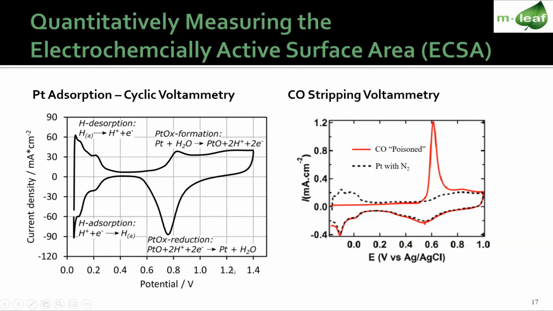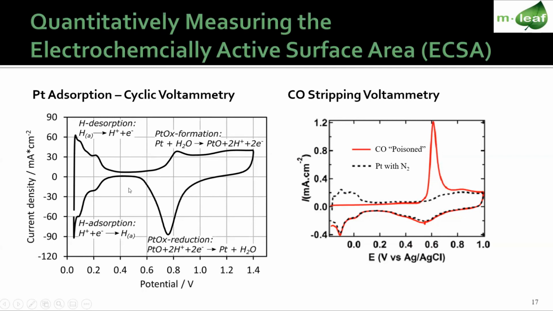Another thing you could do is to first take a voltammogram of platinum, let's say, with nitrogen around, right? So you still have just the hydrogen and oxygen peaks and the double layer here. Then you expose the system to carbon monoxide, which poisons the surface, but you then oxidize carbon monoxide by scanning the potential forward of its redox potential. And you'll get a huge peak when CO comes off the surface.